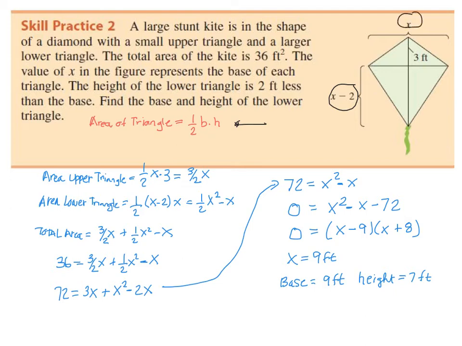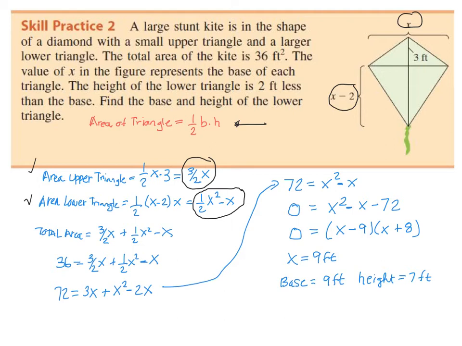So the upper triangle, we can set that up. The area of the upper triangle is 1/2 x times 3, which is going to be 3/2 x. The area of the lower triangle is 1/2 times x minus 2 times x, and when we distribute the half, we get 1/2 x squared minus x.